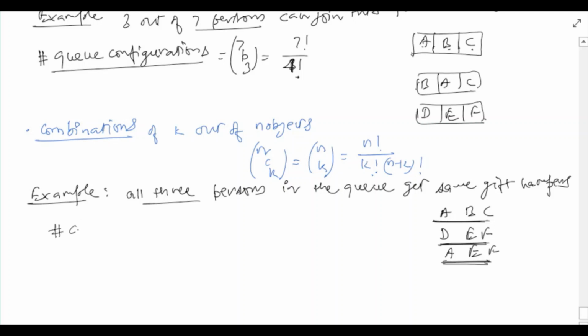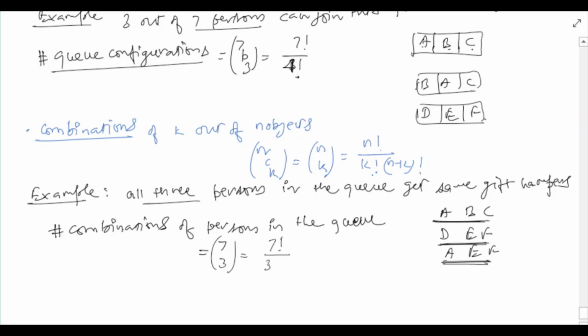So what is the number of combinations of persons in the queue? This will be 7 choose 3, equal to factorial 7 divided by factorial 3 times factorial 4.